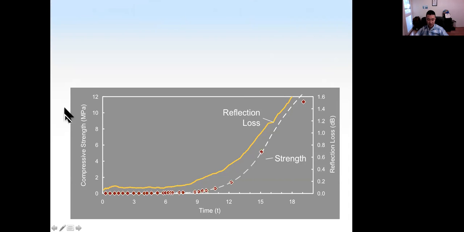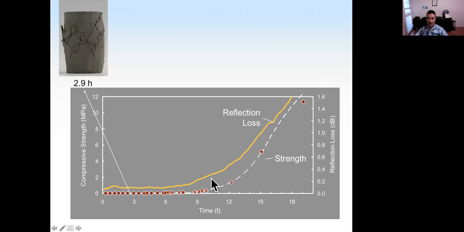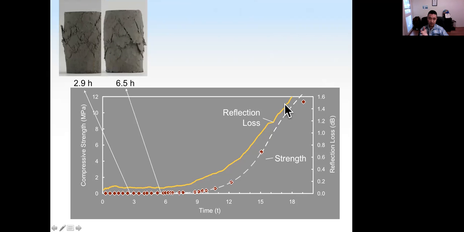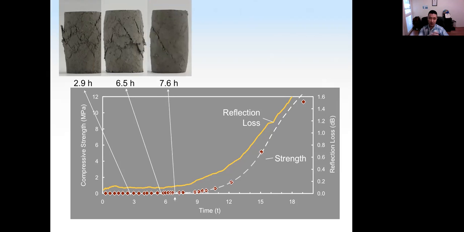Okay, so here is the measurement of the strength at very early age, up to 20 hours. Either use the strength test, which is the dotted line, or the reflection loss, which uses ultrasound to send a mechanical wave in the concrete and measure the reflection loss when the sound travels inside the specimen.